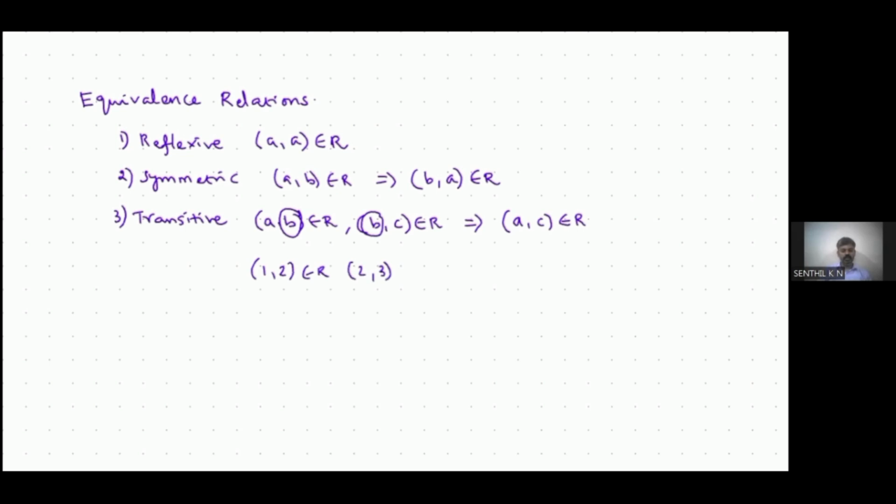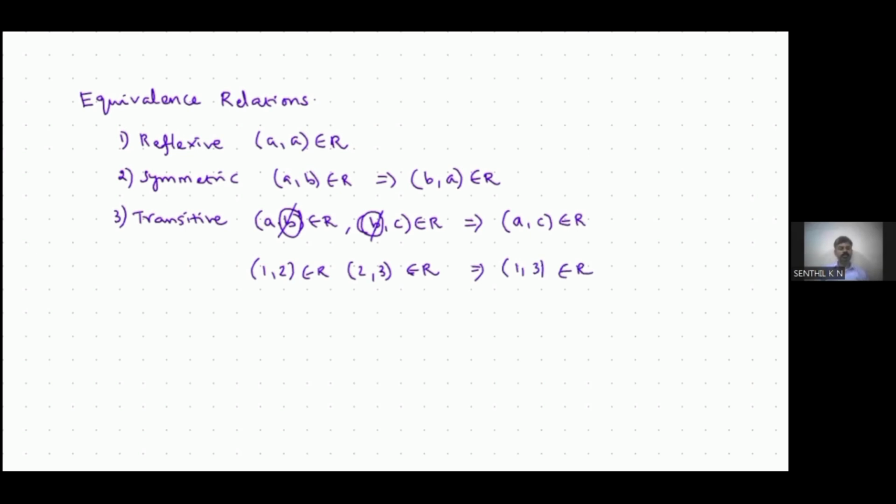It must belong to R. Then the resultant element, where we cancel the middle elements, should be (A, C) belongs to R. Here we have (1, 2), (2, 3), which means (1, 3) should belong to R. Then only can we say it is transitive.